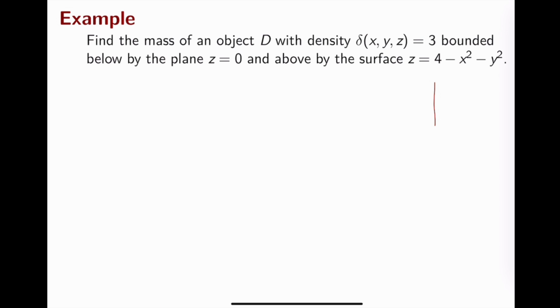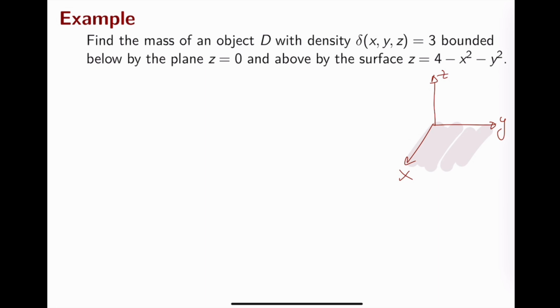So if we have our system of coordinates here, the plane z equals 0 will be the plane of the floor, of the ground. And above it is bounded by the surface z equals 4 minus x squared minus y squared.